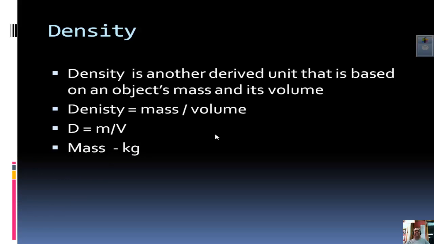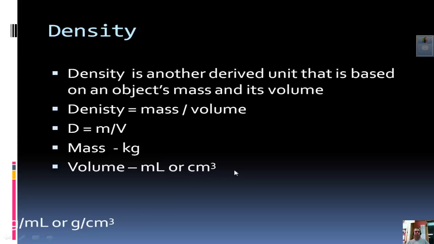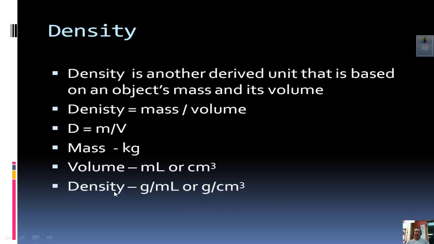Mass will have to be measured in, looking here, I know I have down kilograms. I was getting ahead of myself. Mass is going to be measured in grams, so get rid of the K. Volume is going to be measured in milliliters or centimeters cubed. So this one actually is correct. Density is going to be measured in a gram per milliliter or a gram per centimeter cubed.